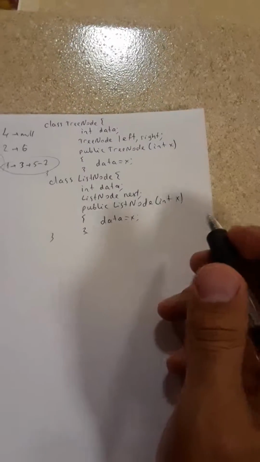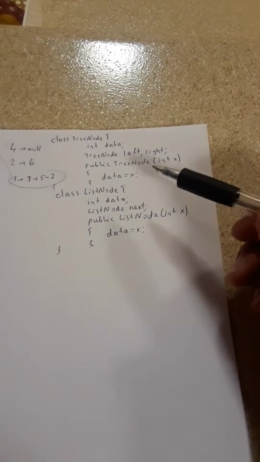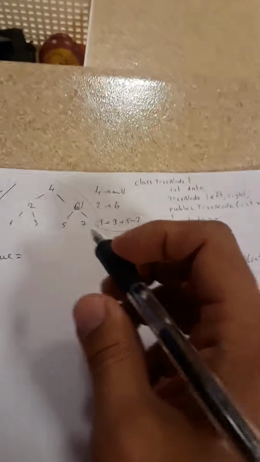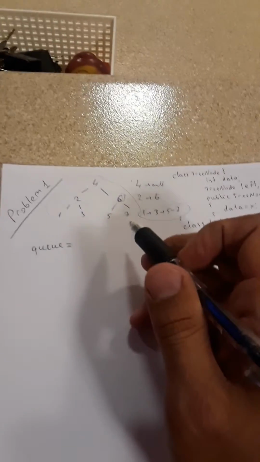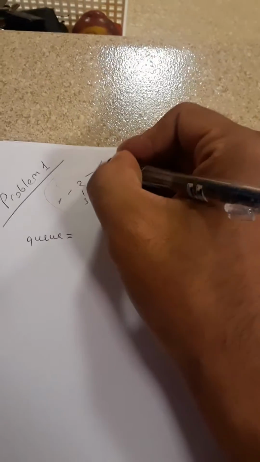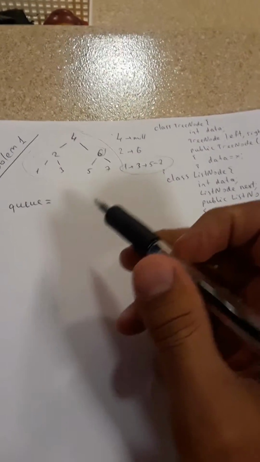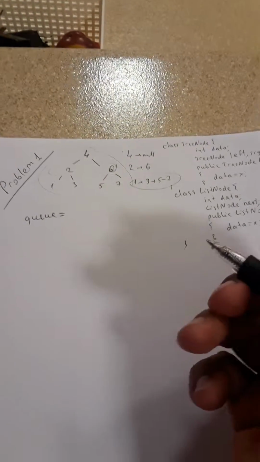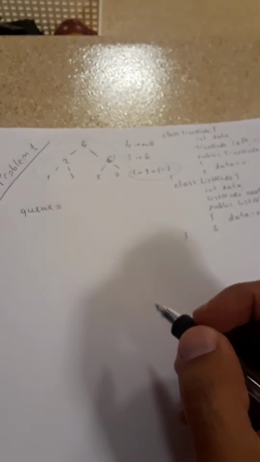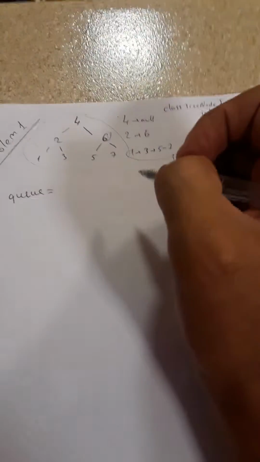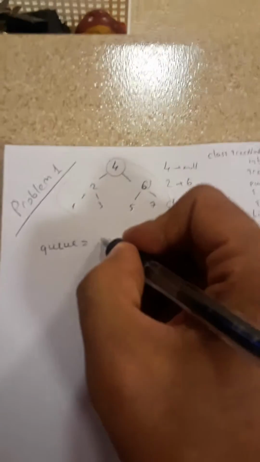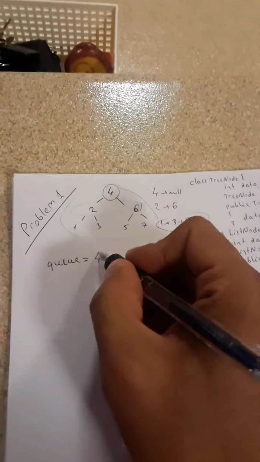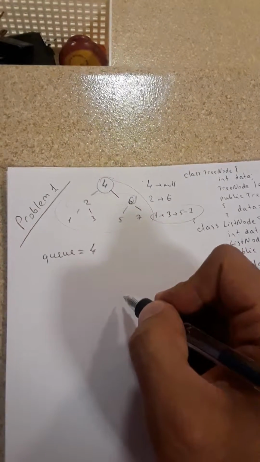Also, here I just put the definitions of tree node and list node, because in our algorithm we will be converting tree nodes into list nodes, because in our result we will need to return a linked list. So first of all, I will push the first node into our queue. Then I will convert this tree node into a list node.